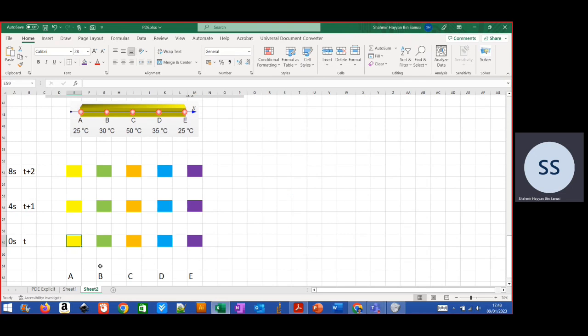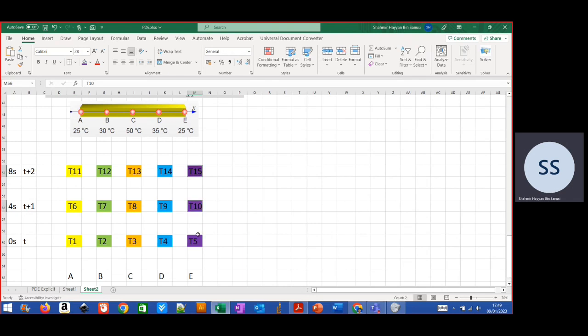So we can write it as T1, T2, T3, T4, 5, T6, T7, T8, T9, T10, and this is T11, T12, T13, T14, T15.